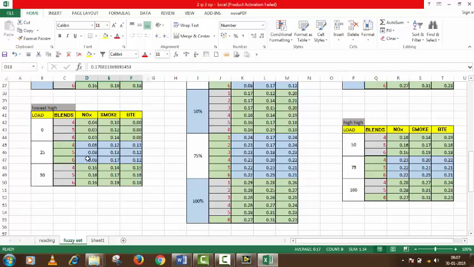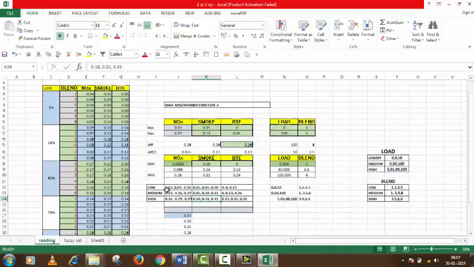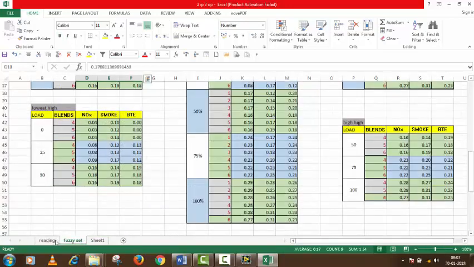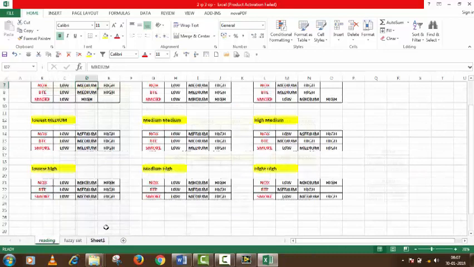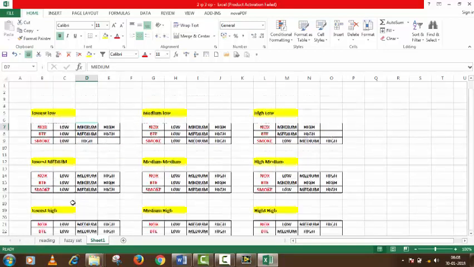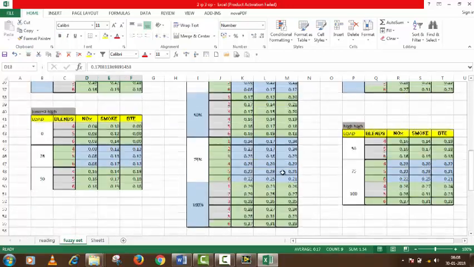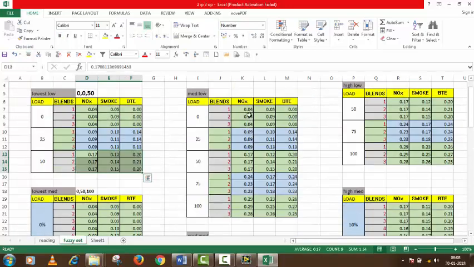You can check it here. 0.03 is there, 0.04 is also there, and 0.16 is also there. Am I correct? So it satisfies all the conditions: low, medium, high. Similarly, you have to repeat the same process for all the combinations. For example, for 0.04 NOx, the maximal is 0.29.